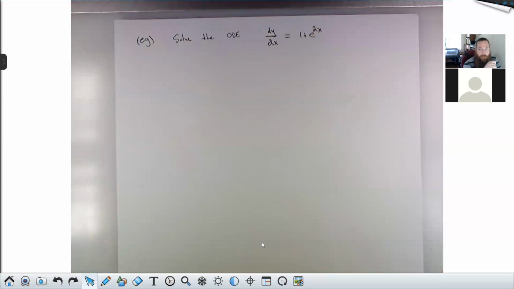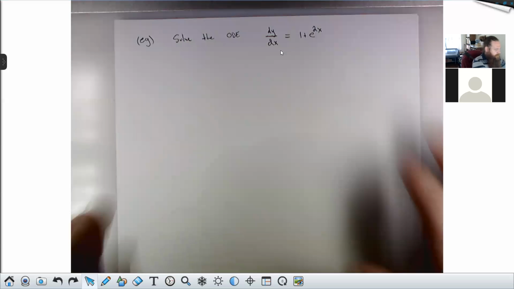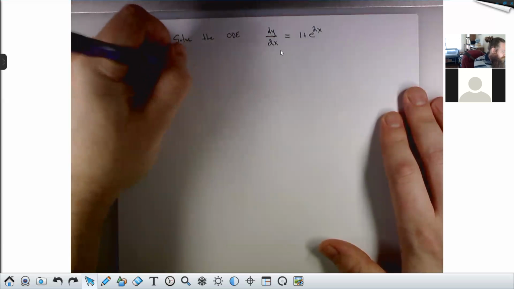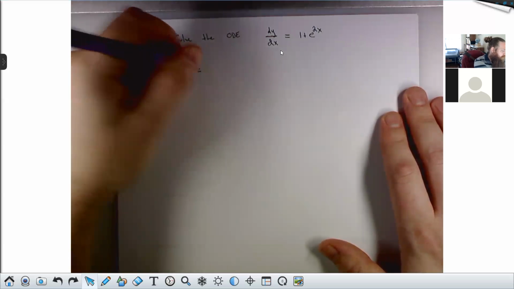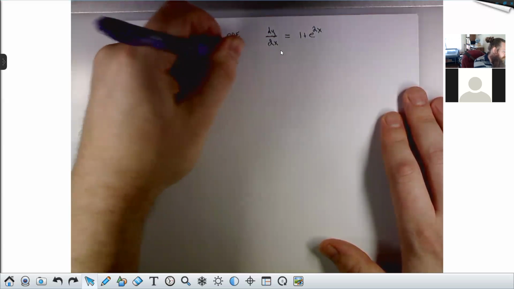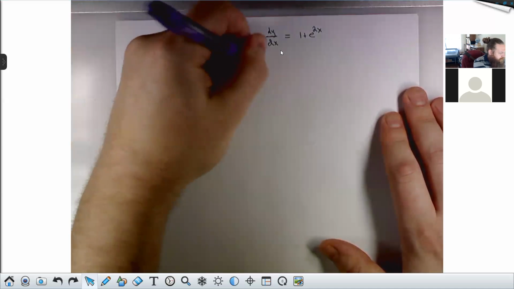This is a separable equation. The function on the right-hand side here doesn't have any y's, only has x's, no y's at all. So to separate variables, I would say, okay, dy is equal to parentheses 1 plus e to the 2x times dx.